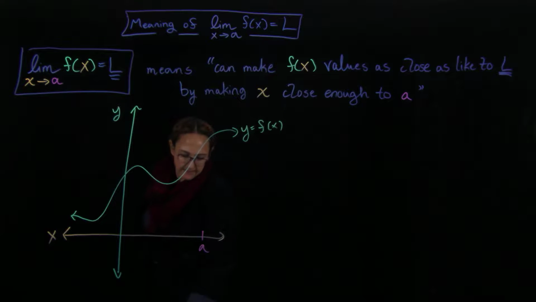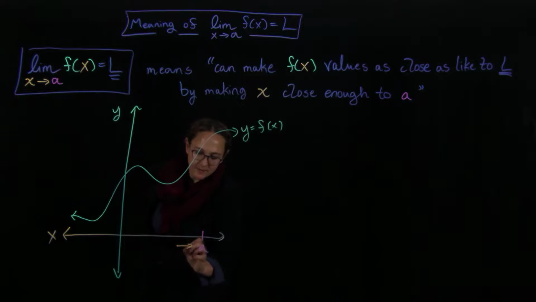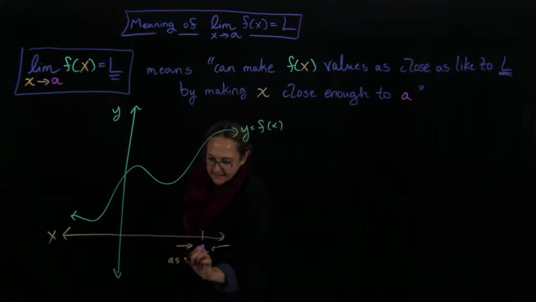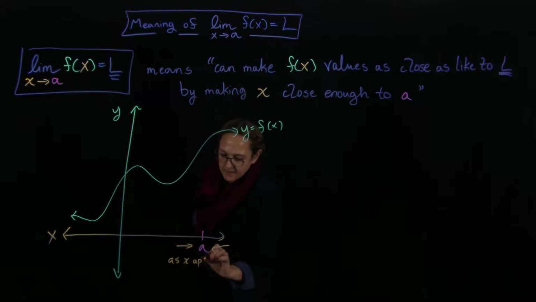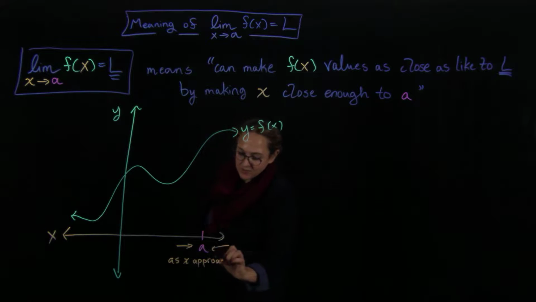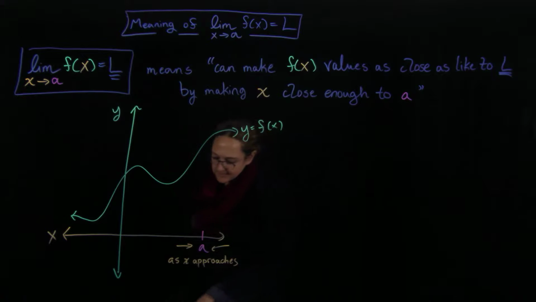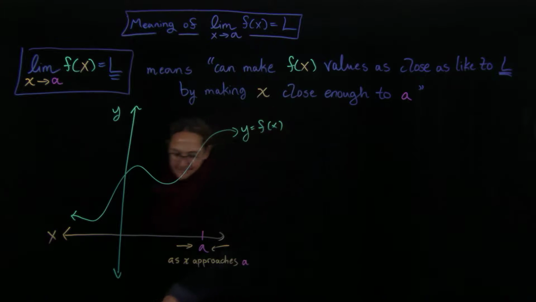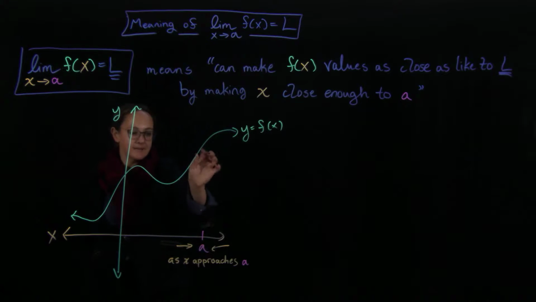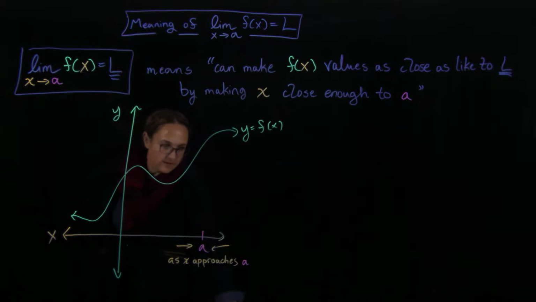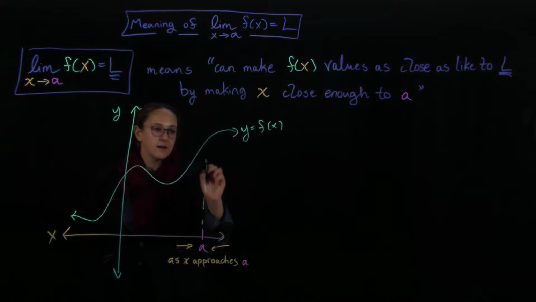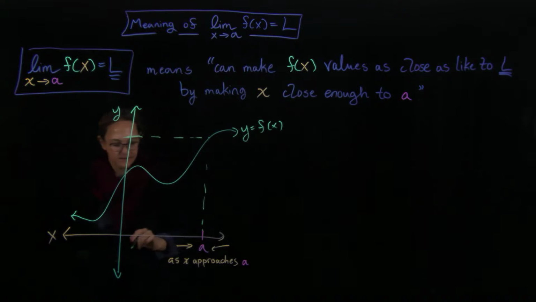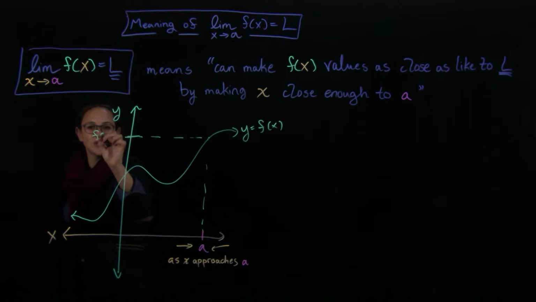It means that as x approaches a, as these x values get very close to x equals a, then if I look up at what's happening, f of x is going to approach L here.